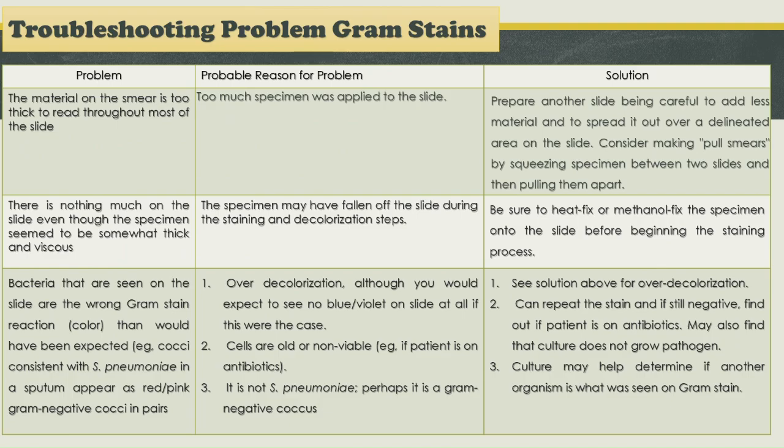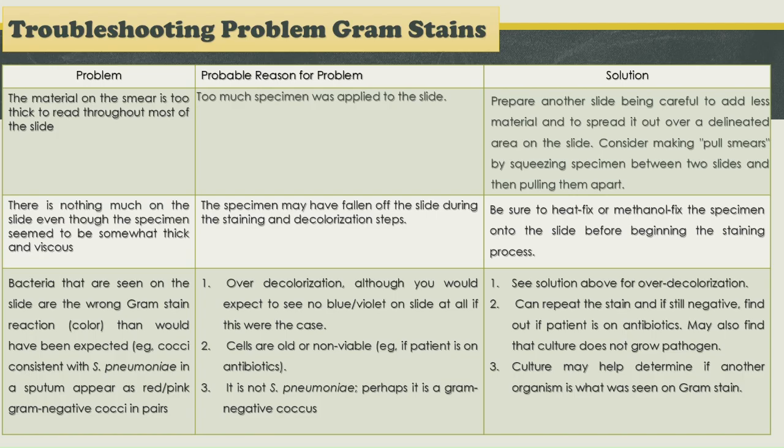Troubleshooting problem gram stains. Problem: the material on the smear is too thick to read throughout most of the slide. Probable reason for problem: too much specimen was applied to the slide. Solution: prepare another slide, being careful to add less material and to spread it out over a delineated area on the slide. Consider making pull smears by squeezing specimen between two slides and then pulling them apart.